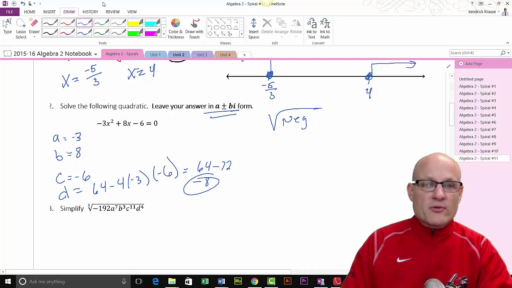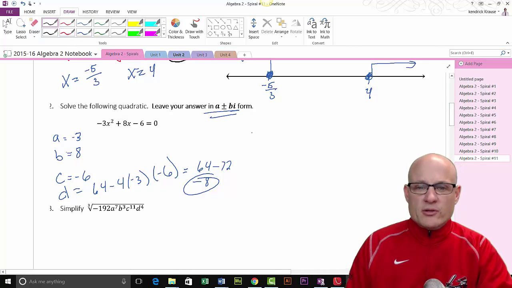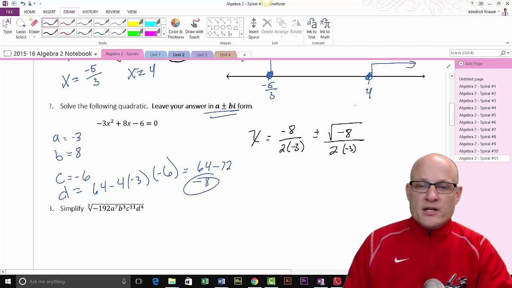All right, so now we're going to do the quadratic formula. So x equals negative b, so negative 8, over 2 times a, negative 3, plus or minus the square root of negative 8 over 2 times negative 3. Now, if I remember correctly, this is really equal to negative 4 times 2, and the square root of negative 4 is 2i.